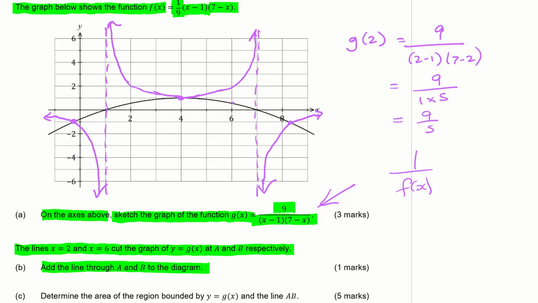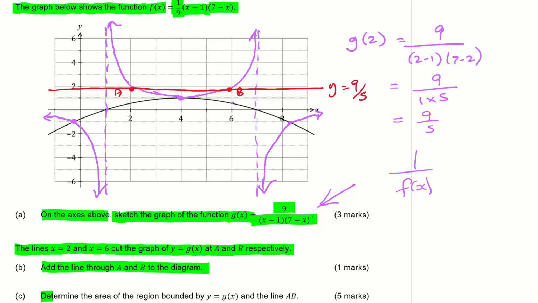So that is just below 2. So I'm going to put the A and the B here, just below 2, like so. So that is y = 9/5.